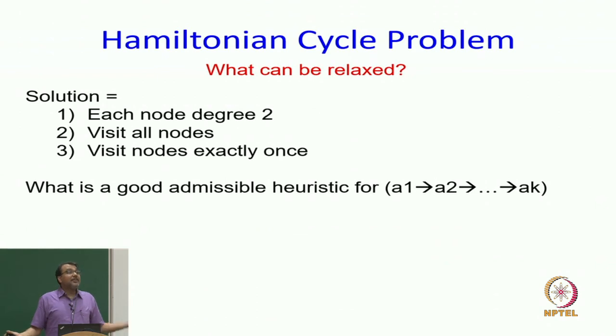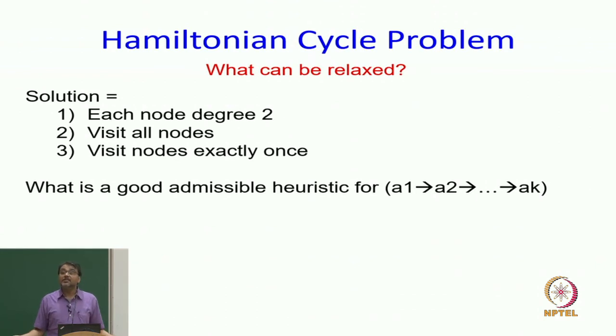And now my only job is to see if I can relax any one of them, and based on that come up with a good heuristic. So, any suggestions on heuristics? What if I get rid of visit all nodes? What heuristic can you create? Start from AK and end on A1 with any path.